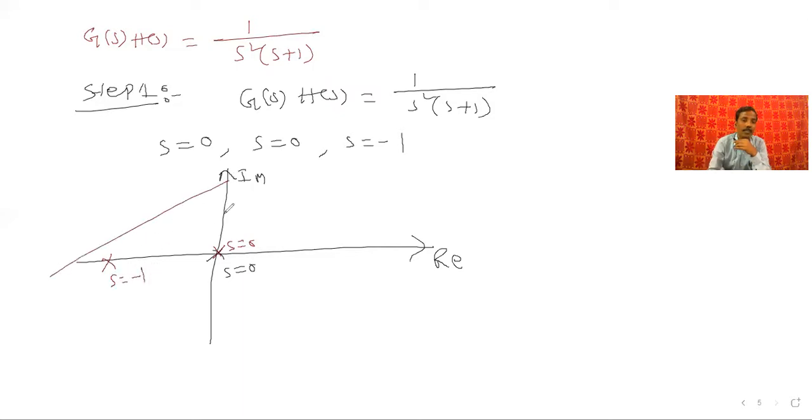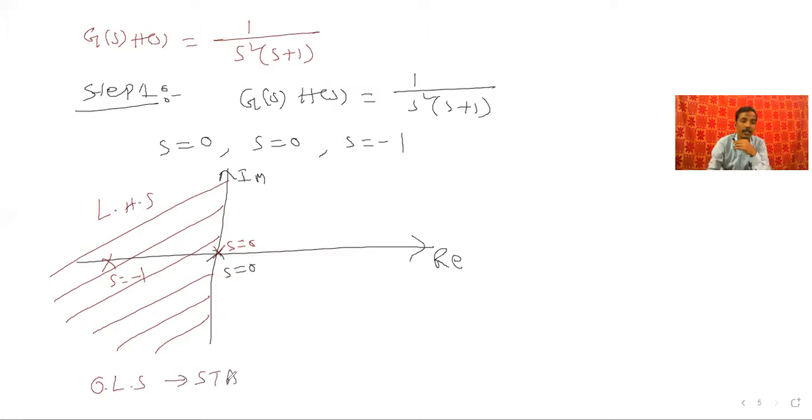All the poles are on the left hand side of the s plane. This is the left hand side. Then the open loop system is stable, since all the poles are on the left hand side of the s plane.